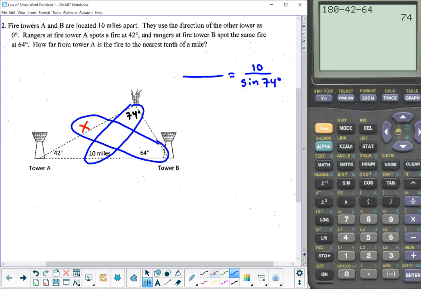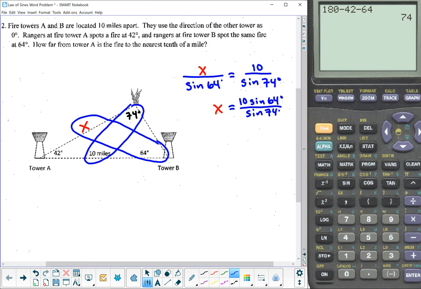The side is x, which we don't know, and the angle is 64, so sine 64 degrees. To solve it, multiply both sides by sine of 64, and you end up with x equals 10 times sine 64 degrees over sine 74 degrees.